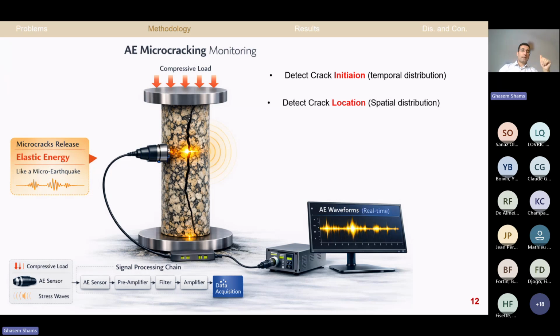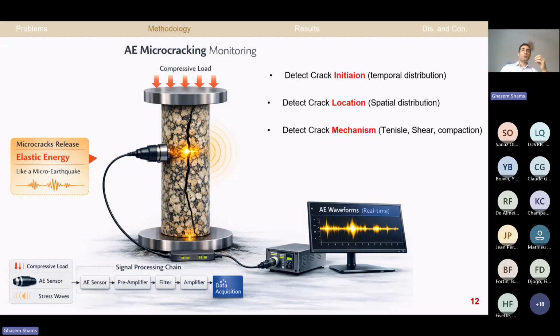And more importantly, this is very important in my research, we use acoustic emission to determine the crack mechanism. As in large scale we have shear fracture, tensile fracture, and compaction fracture, the same story is true at micro scale. We have tensile cracks, shear cracks, and compaction cracks.